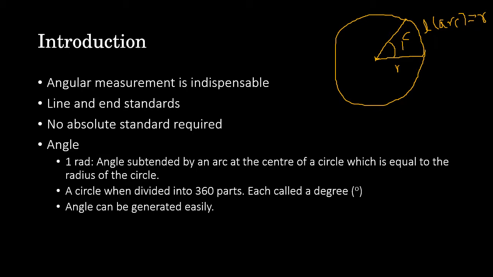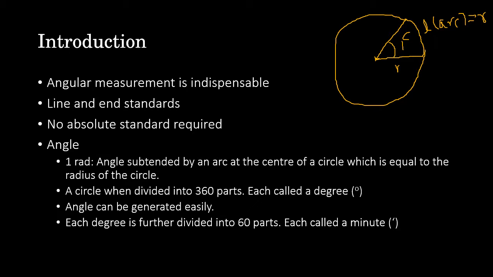There was a bar made up of platinum iridium alloy which was kept in very secured environmental conditions, and then there was a wavelength standard, and the orange radiation of krypton is used as the wavelength standard. But for generating 1 radian angle, we don't need any special state of the art facility. Okay, this is a purely geometric concept, and hence no standard is required for this.